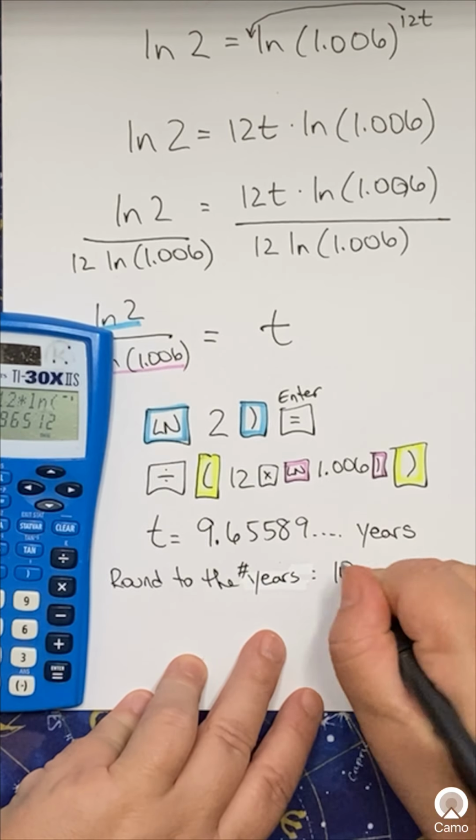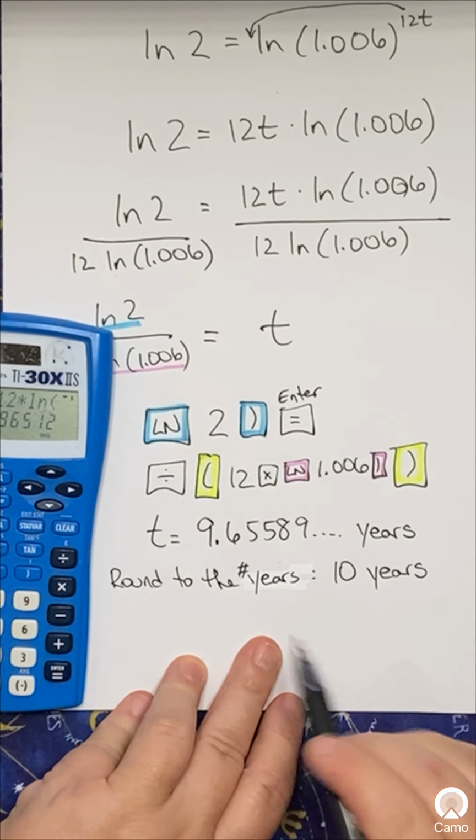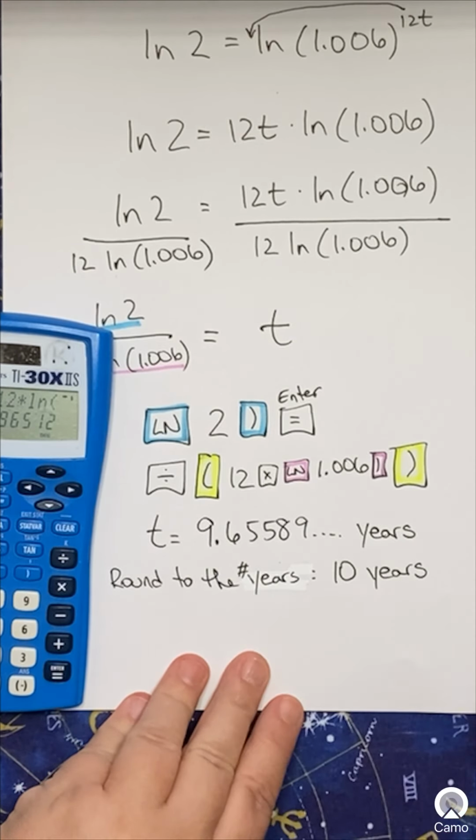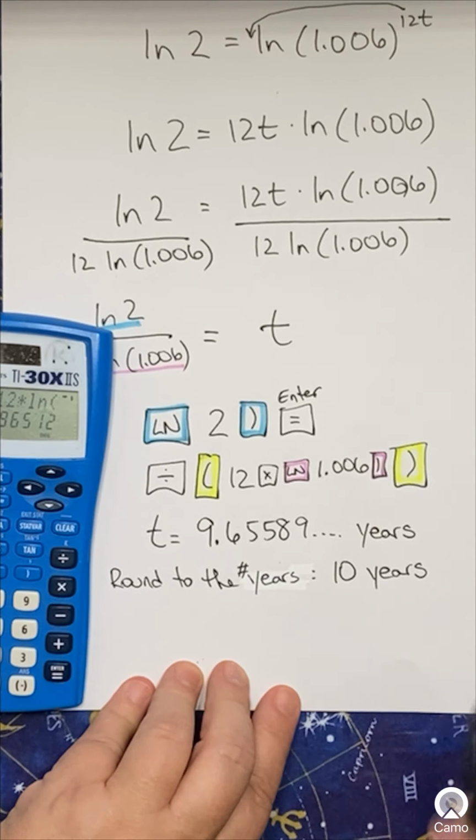I would say it's going to take 10 years. In fact, even if this were 9.3, I might say it's really going to take 10 years, because at 9 years, it's not quite there yet. I will have another video to discuss that. But this one's easy because I just rounded up to 10 years.